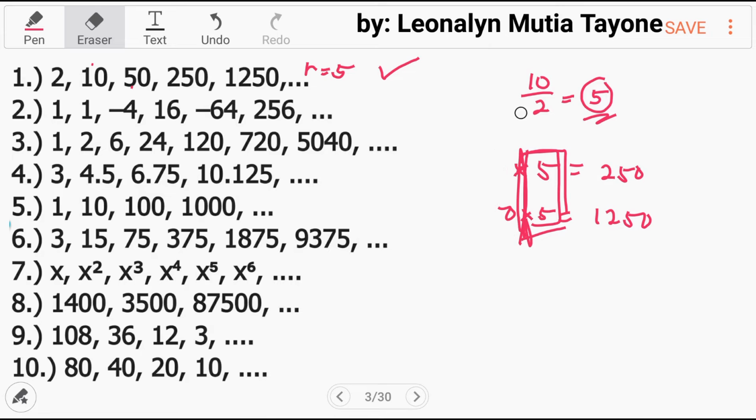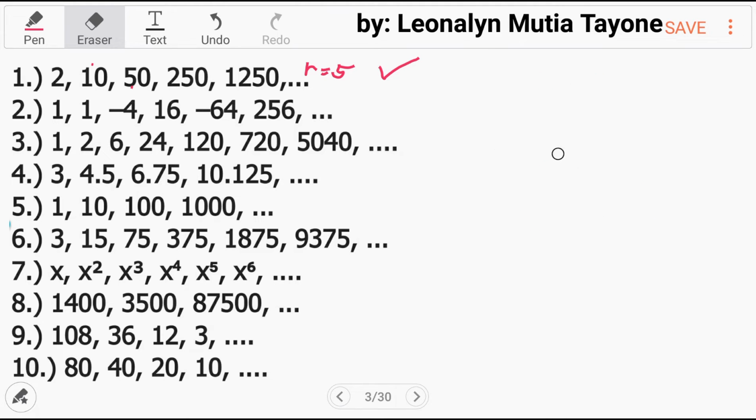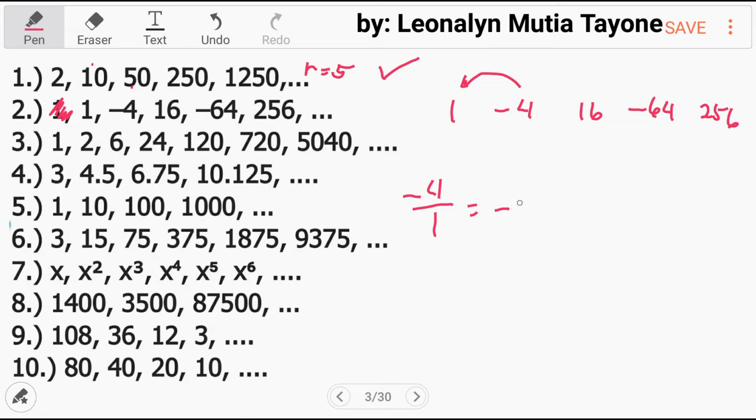Next, dito tayo sa number 2. Mag-divide ulit tayo. So, ang nasa number 2 ay 1, negative 4, 16, negative 64, tapos 256. I-divide ulit natin si negative 4 by 1. And this is negative 4. Ngayon, gamitin natin itong si negative 4. Yan yung common ratio bali nila.